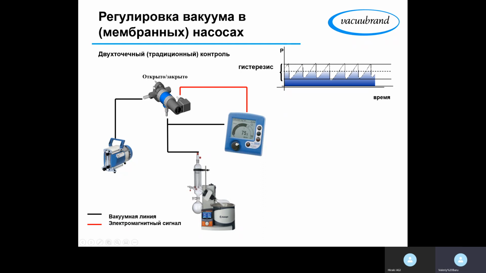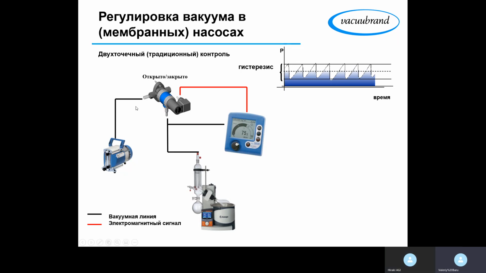What is the problem with this kind of regulation? As we talked already, there is always a leak in the system. So, for example, if the vacuum, which was set to 75 millibars, decreased and the pressure got to 75.1 millibar, it has to open the valve again.